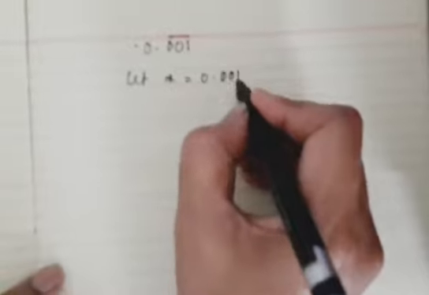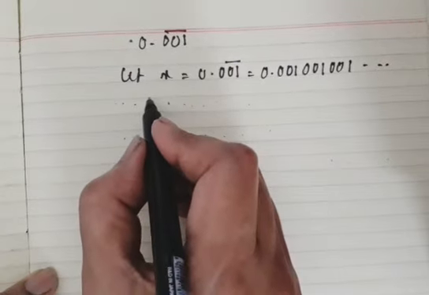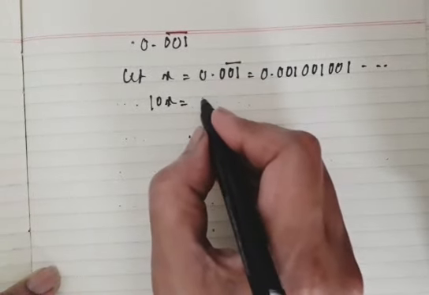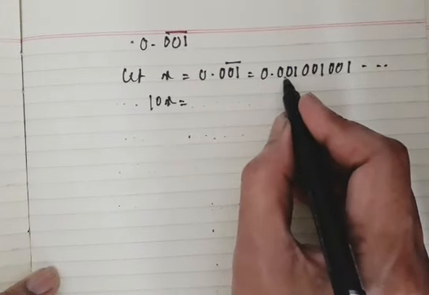Let x equal to 0.001 bar, that is 0.001001 like this. So what is 10x? Here you see the decimal must be shifted over.